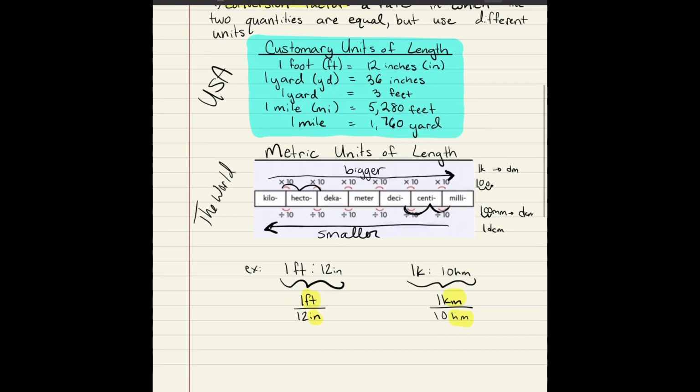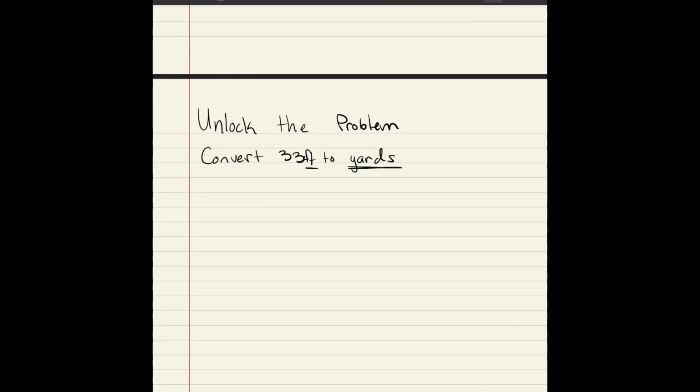So I'm going to take that and make a ratio out of it. And we're finding yards. So what we're finding, that ratio is going to be on the top. So it's 1 yard over 3 feet, because the yard is what's being found, so it's at the numerator.